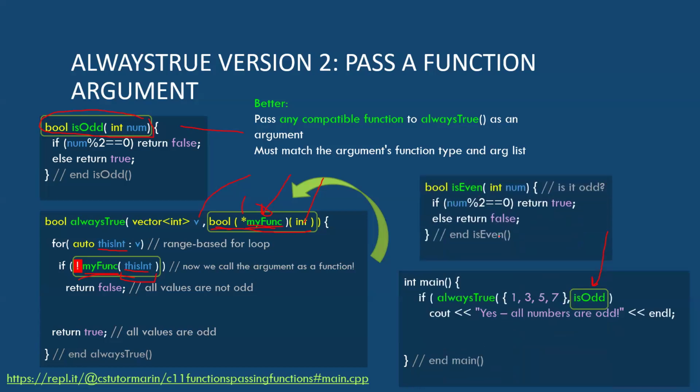And now I can easily pass in a different function pointer. So I'm reusing the always true code without modification and passing in any function, even something that hasn't been written yet, okay? This is a hugely ubiquitous pattern in cloud data processing and C++ code, because it just lets us reuse code.